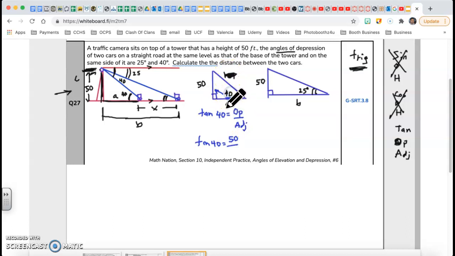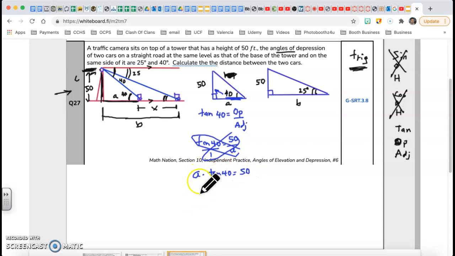The other side, which is A. Let's leave the A by itself. That means I have to do some cross multiplication. I'm going to put a fraction here and do some cross multiplication. A times tangent of 40 equals the other diagonal, which is 50 times 1, which is 50.